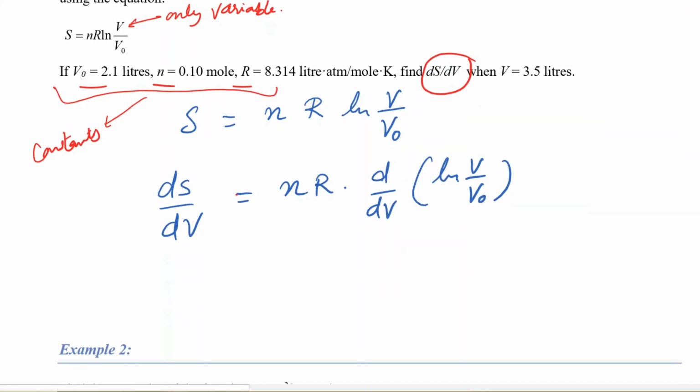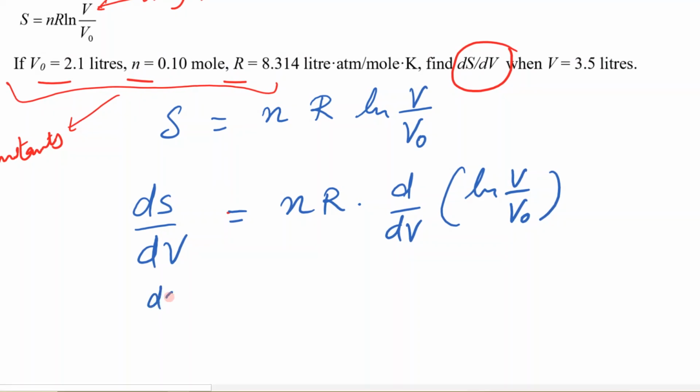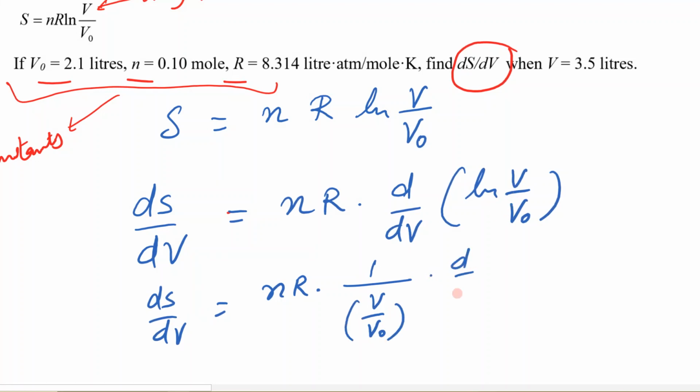All right, so when we take the derivative, NR stays as it is. The derivative of ln of V over V0 means 1 over whatever the argument of the ln is, so that is V over V0. And by chain rule, you need to also take the derivative of V over V0.